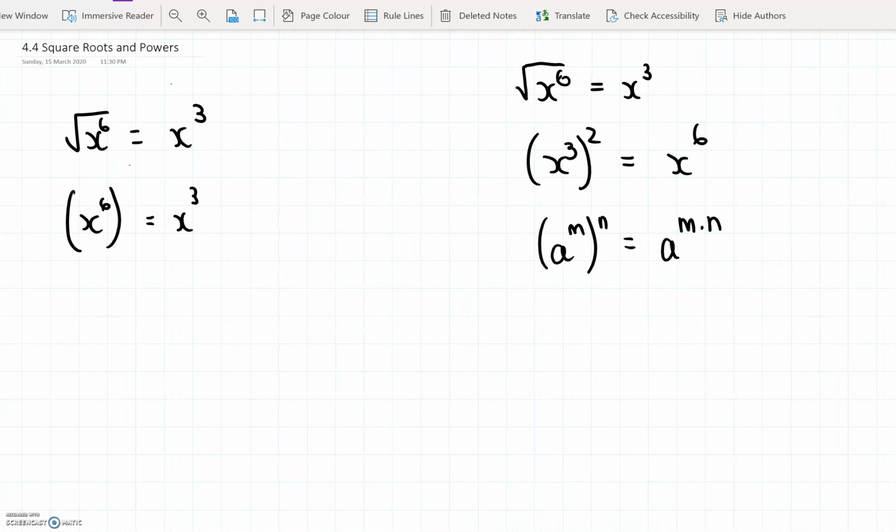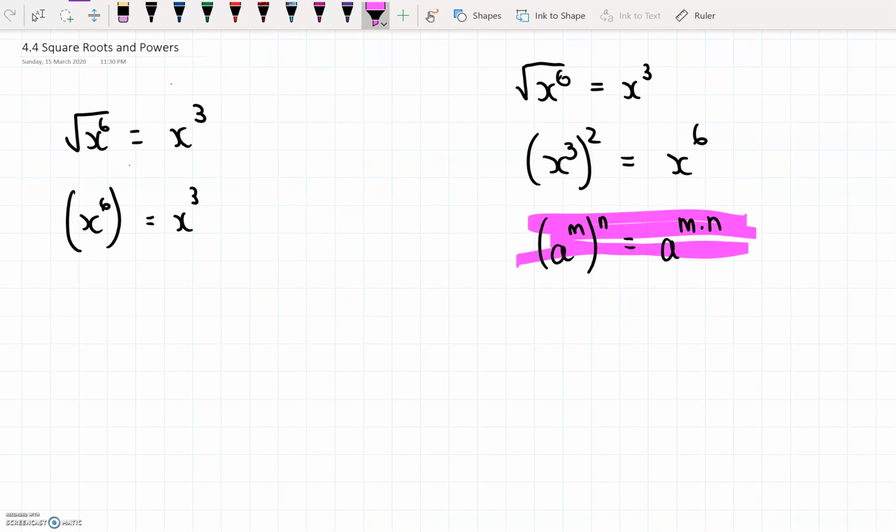Now, looking at what we did over on the right with a to the power of m raised to the power of n, we want to know in this case what power needs to go here in order to get a 3 on the right. If we want 6 times something to give us 3, what does that need to be? It needs to be a half, because 6 times a half is equal to 3.